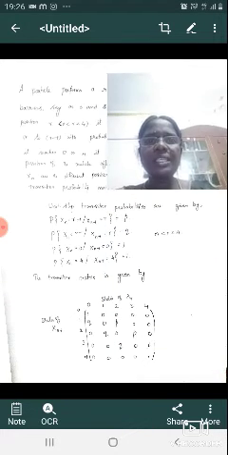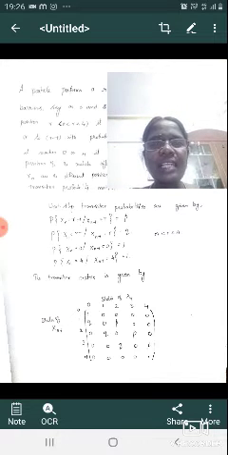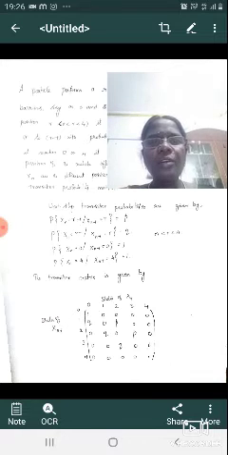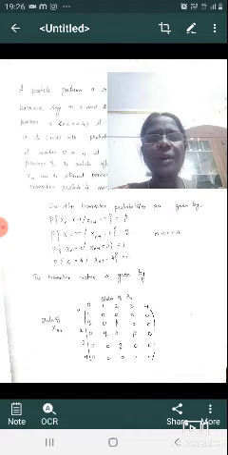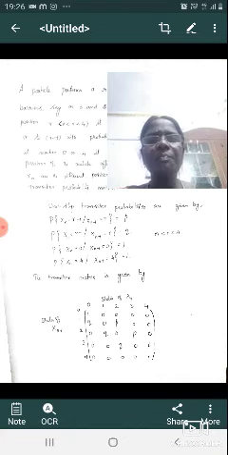By using these conditions, we can write down the transition probabilities. If the particle moves from r to r plus 1, the probability is p. So we have the transition probability of Xn equal to r plus 1 given Xn minus 1 equal to r is p, and similarly the probability of Xn equal to r minus 1 given Xn minus 1 equal to r is q.